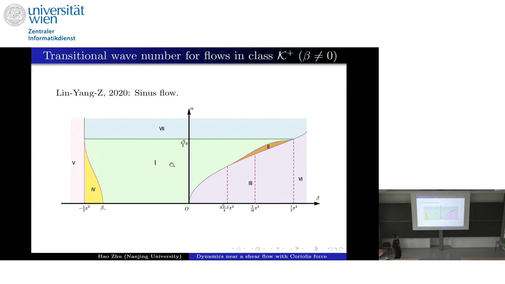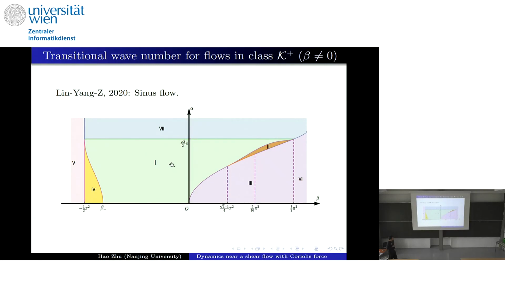So we analytically prove that, for alpha, the Biot number, and beta, the Coriolis parameter, if (alpha, beta) is in region I, then the linearized operator has an unstable eigenvalue.